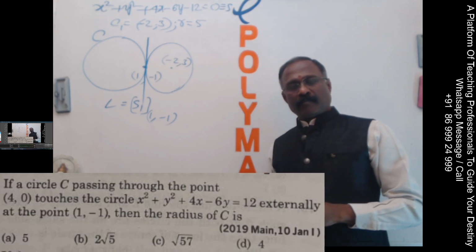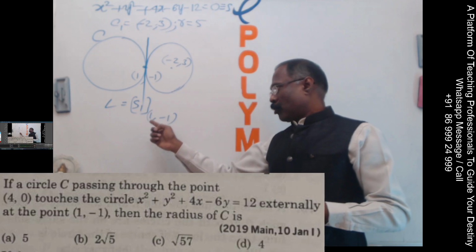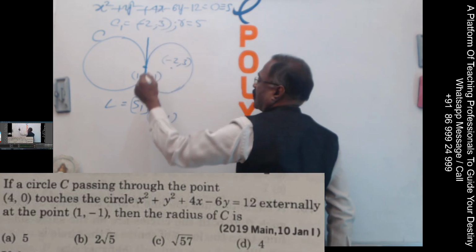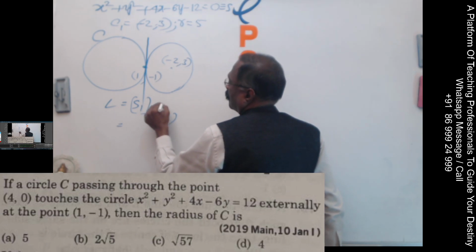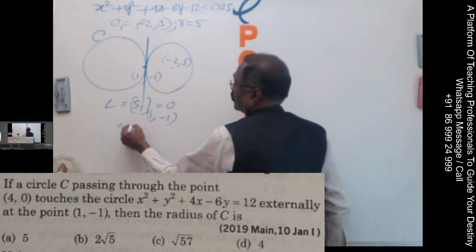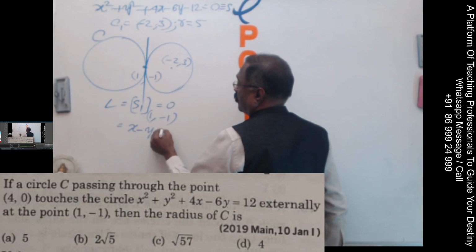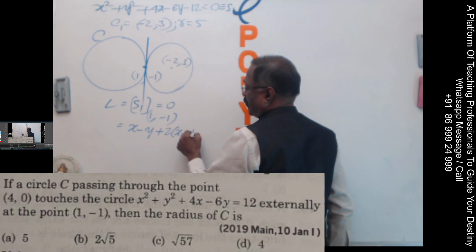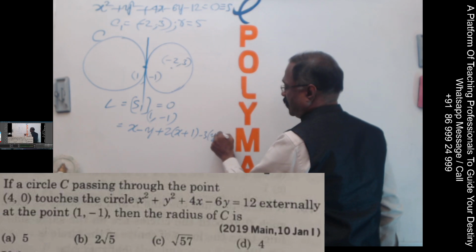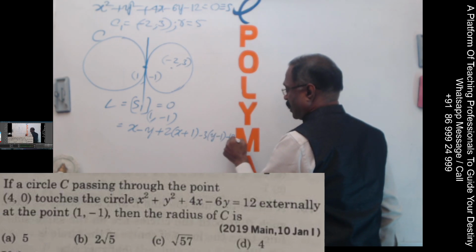What does it mean? I am writing the equation of the tangent to the circle at the point (1, minus 1). Let us write that: S1 is equal to 0, of course. xx1 plus yy1 plus 2(x plus x1) minus 3(y plus y1) minus 12 equal to 0.